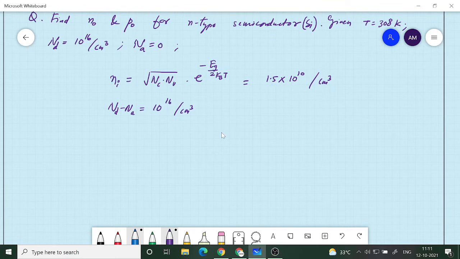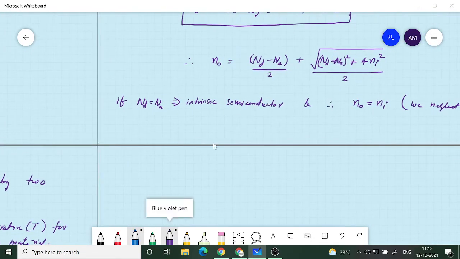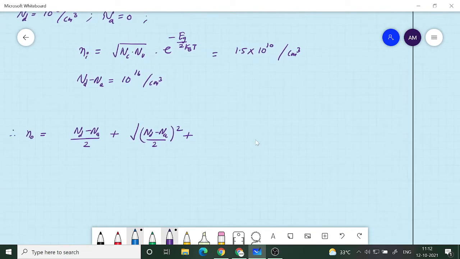Therefore n0 is equal to Nd minus Na divided by 2, then we take the plus root and the square root of, taking the 2 inside, Nd minus Na divided by 2 the whole square, and the 4 will cancel with the 2 outside the root, plus ni square.